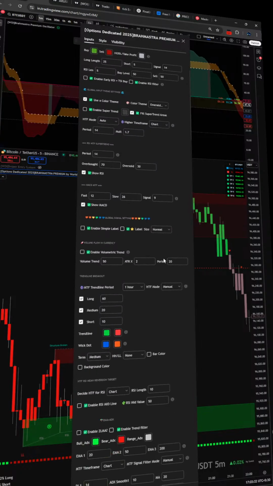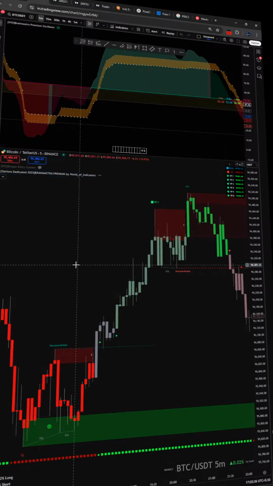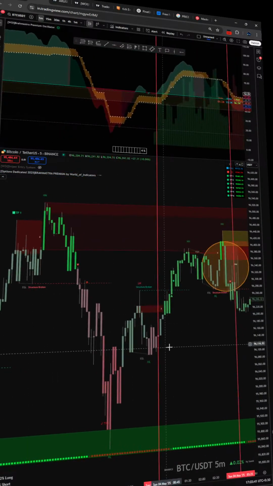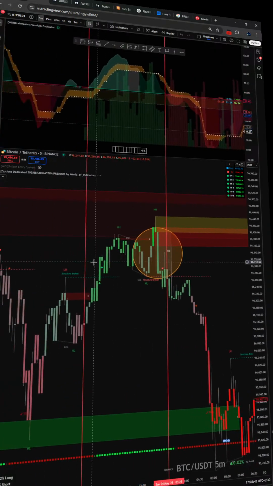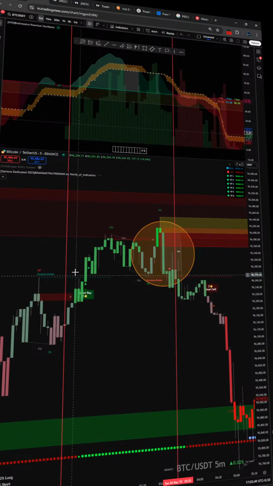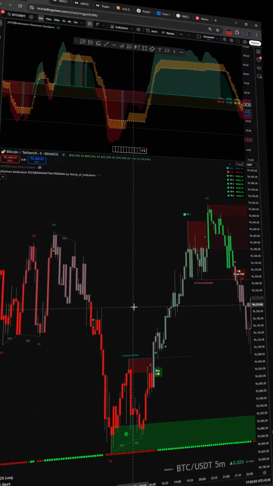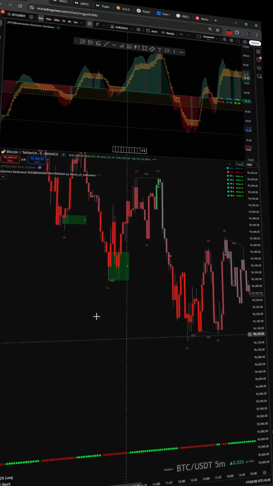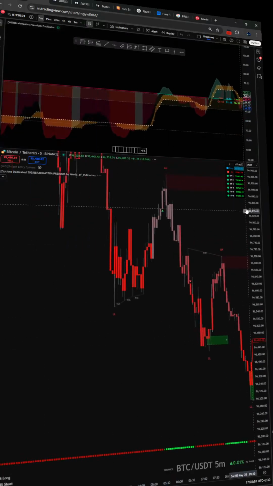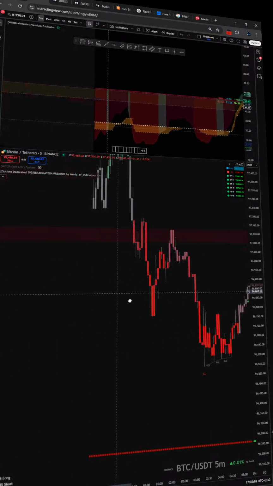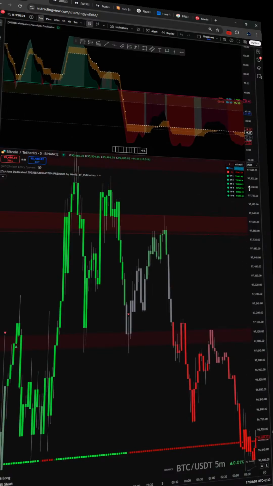I am showing you a fake signal. In this area you may get a fake signal. Let me find some fake signals on the BTC 5-minute time frame.